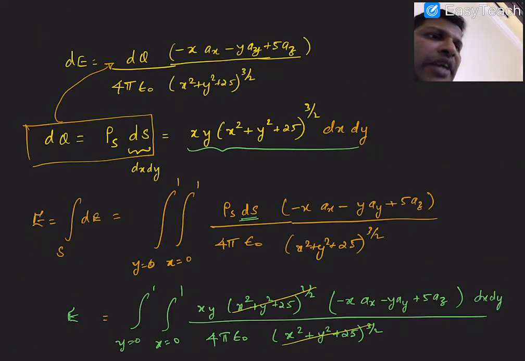So we can find the electric field as, we will take this 1 by 4 pi epsilon 0 outside.